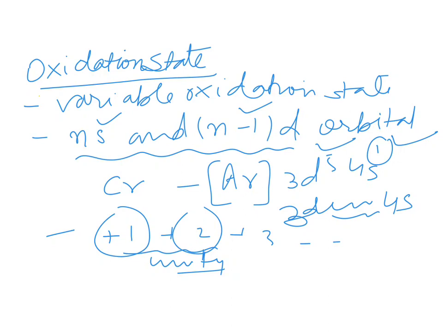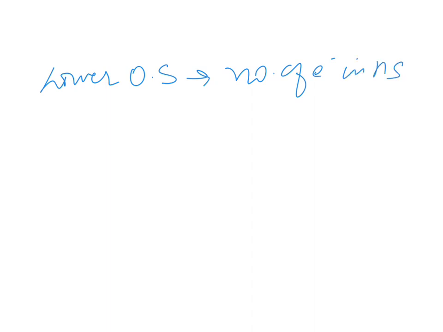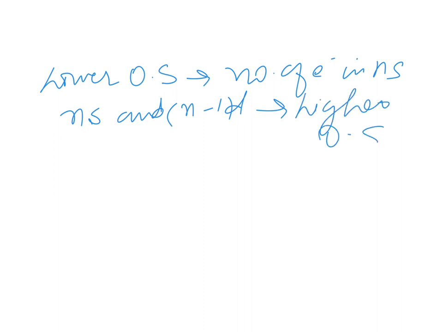Then the lower oxidation state is due to the number of electrons in the ns orbital. And if the electrons go from the ns as well as (n minus 1)d, then the element will show the higher oxidation state, isn't it?